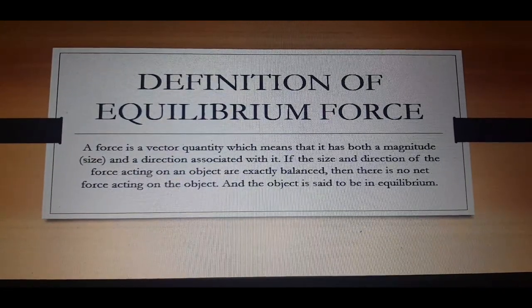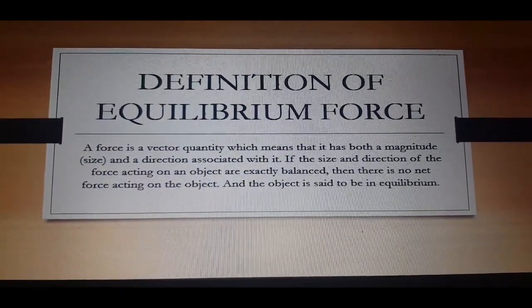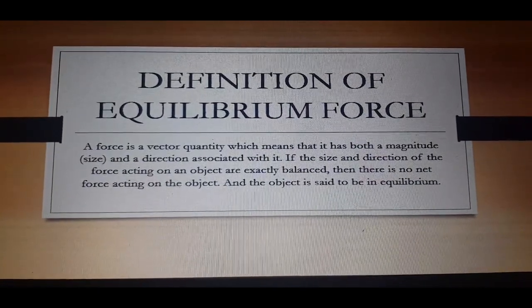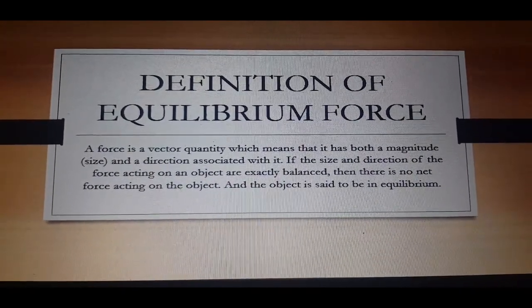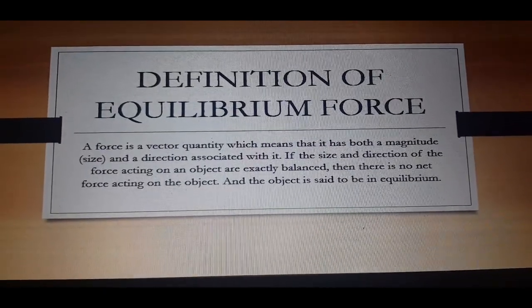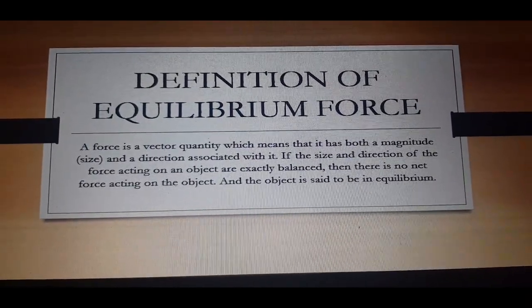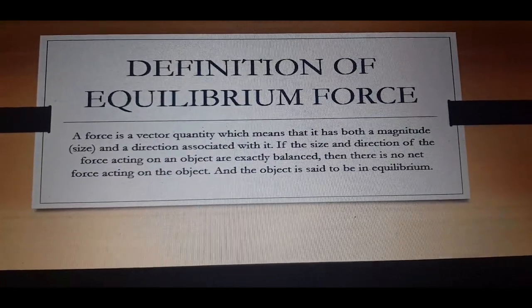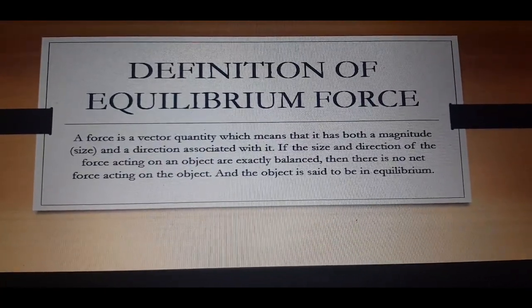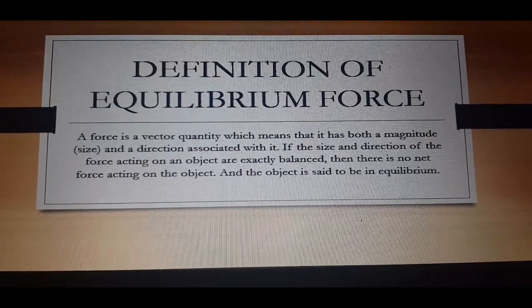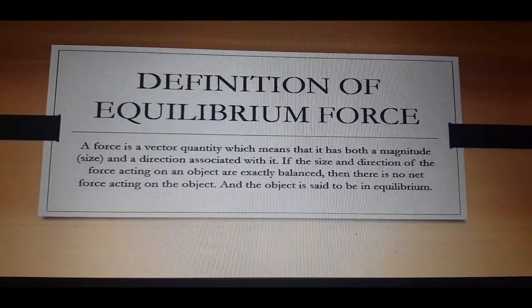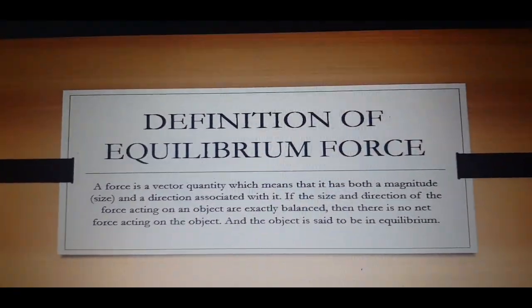So equilibrium of force is dealing with vectors. If the size and direction of the forces acting on a body are exactly balanced, then there is no net force acting on the object, and the object is said to be in equilibrium.